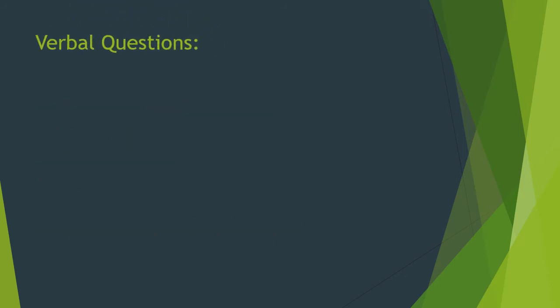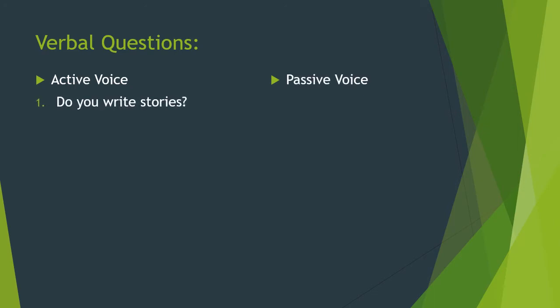Let us learn how to change verbal questions of active voice to passive voice. First example, do you write stories? Since it starts with do, it is a yes or no question. The subject here is you, the verb is do write and stories is the object.